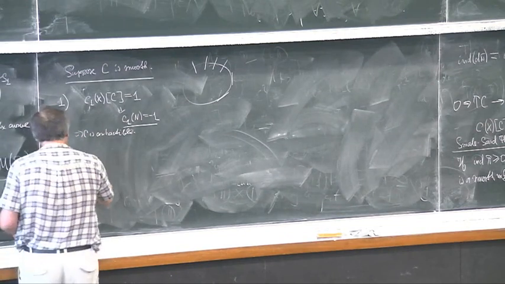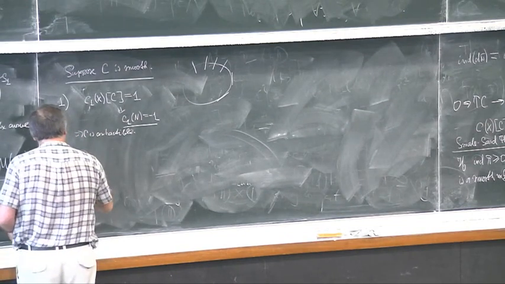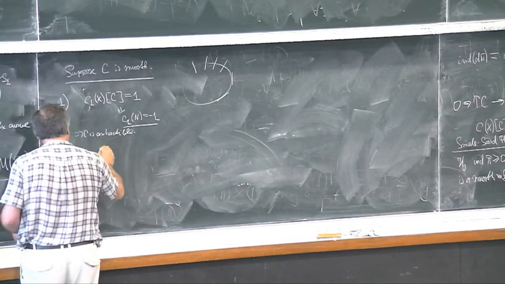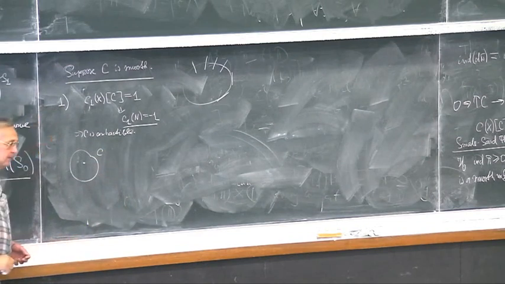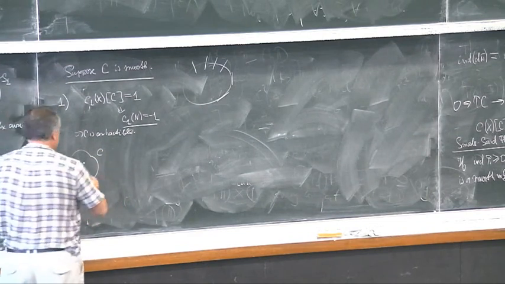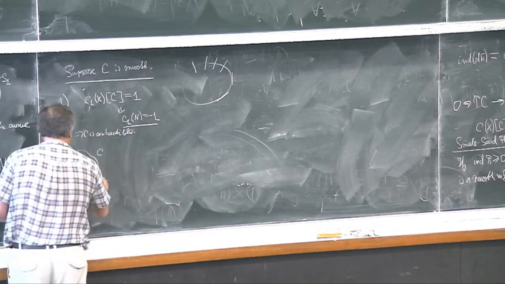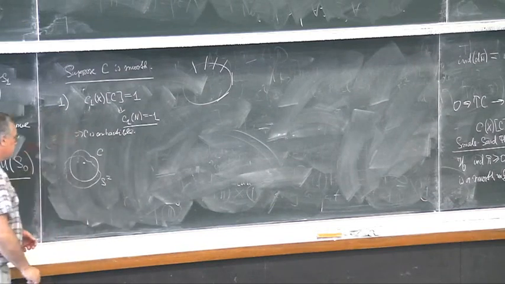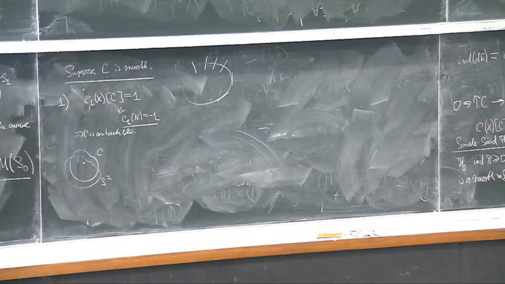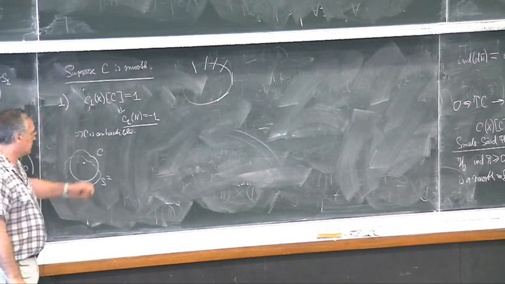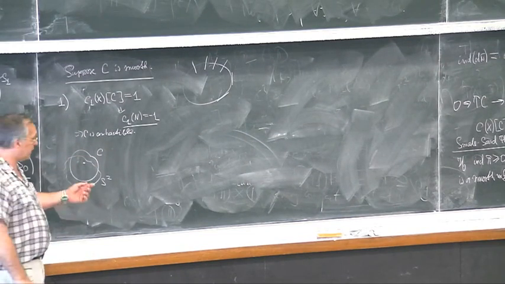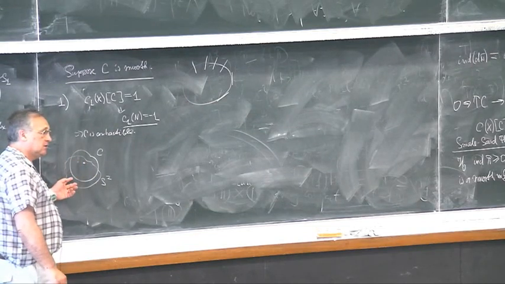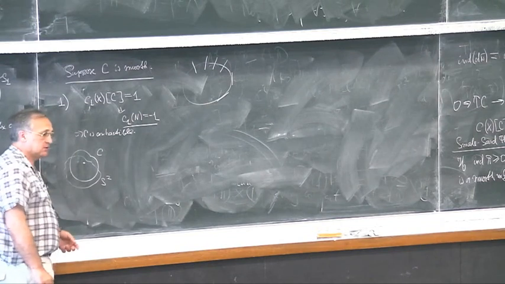If you blow up the origin in C2, you get an exceptional curve of the first kind. And then you move it. You make a perturbation, and you take a sphere which is a perturbation of your curve. Then the statement is that every function holomorphic in the neighborhood of this sphere is holomorphic in the neighborhood of C.